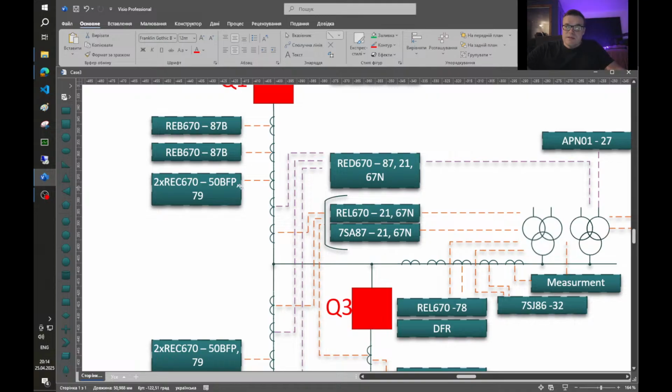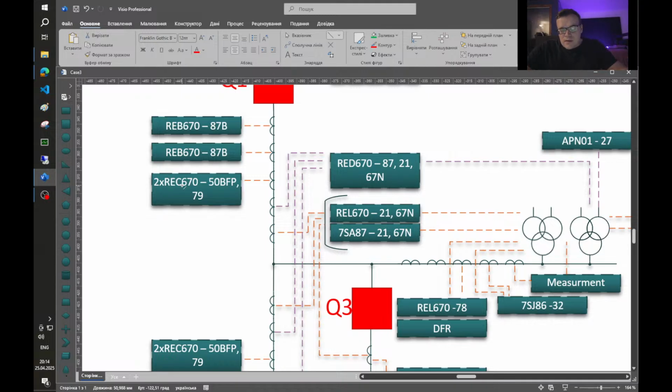And the main difference between old Soviet design and modern design is that the protection that makes the main single phase AR doesn't have its own phase selectors.